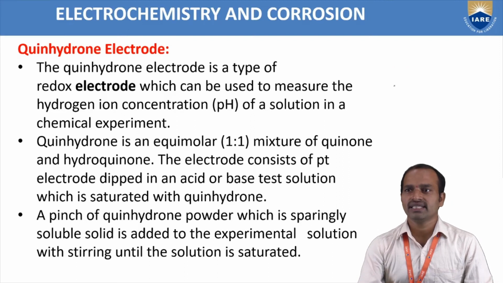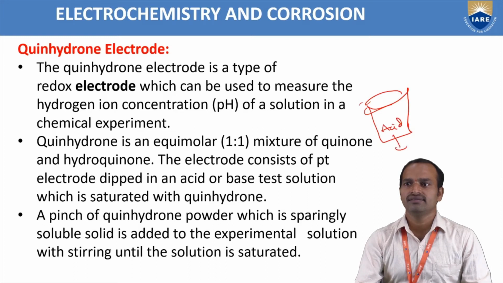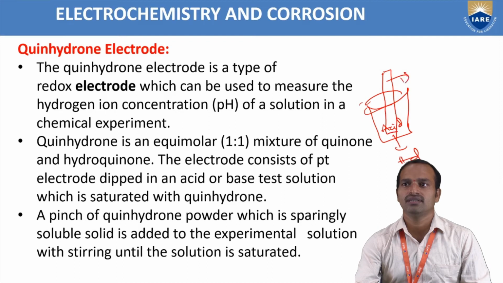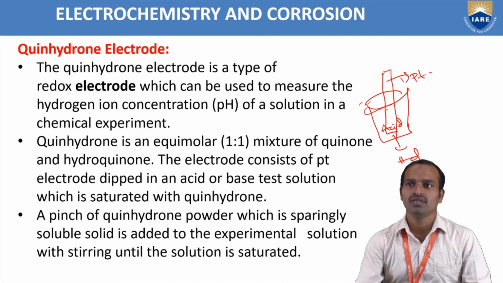So here in this quinhydron electrode, we are taking the acid solution. In a beaker, we are taking the acid, that is HCl. In this we are dipping the platinum electrode. This is the platinum electrode. Now this platinum electrode is connected to the potentiometer.